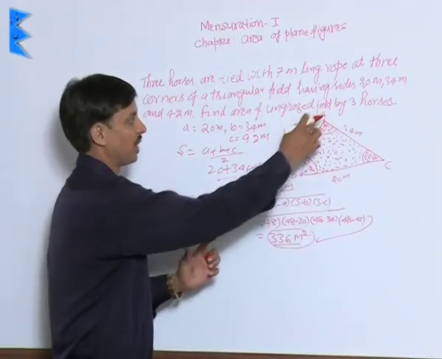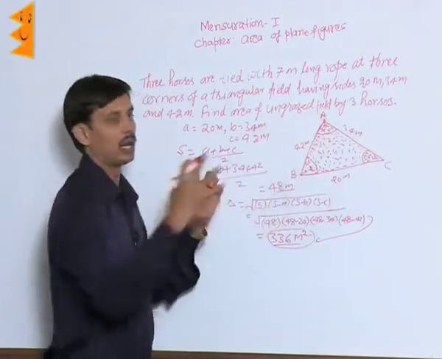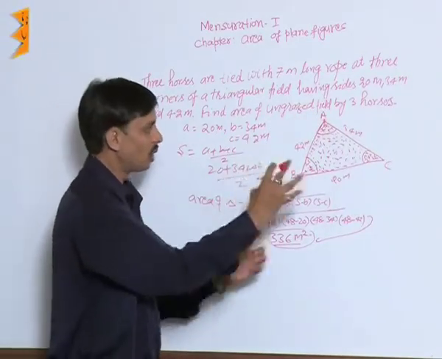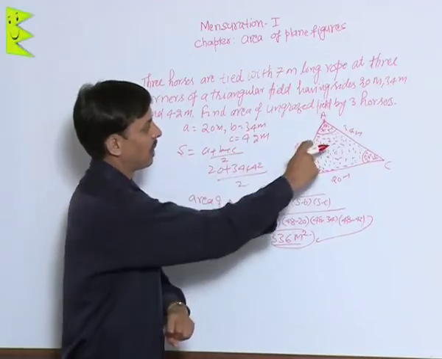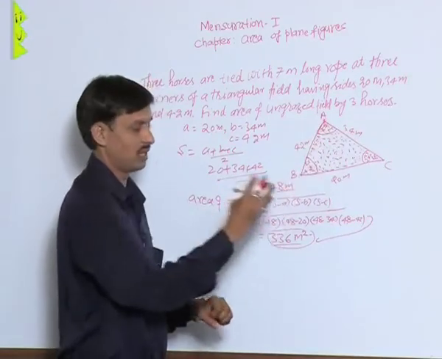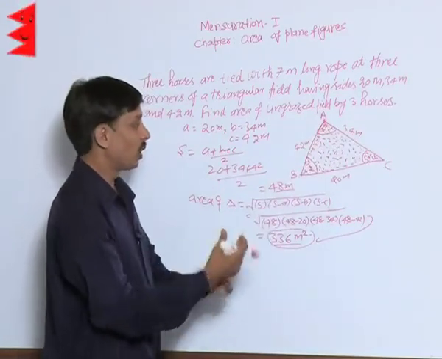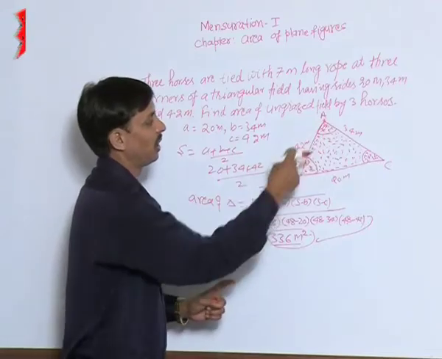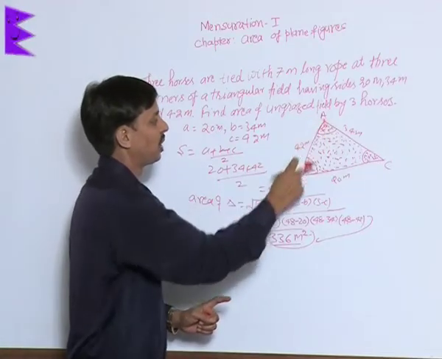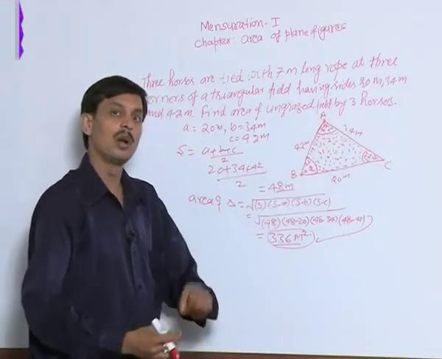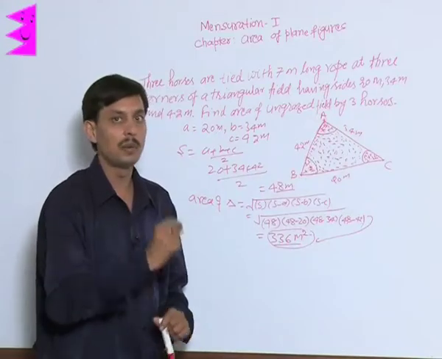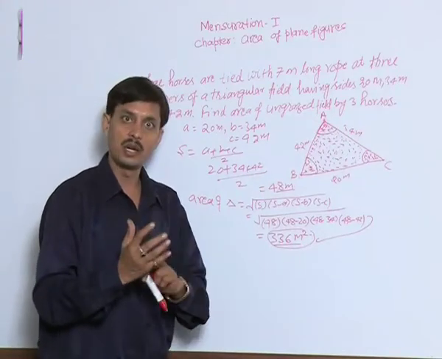Now a question comes: we have obtained the area of the entire field. We want to know the area of the part which is shaded, that is ungrazed. So in order to calculate the area of the ungrazed part, we have to subtract the area of three sectors. In order to find the area of a sector, we have told you there are two results.